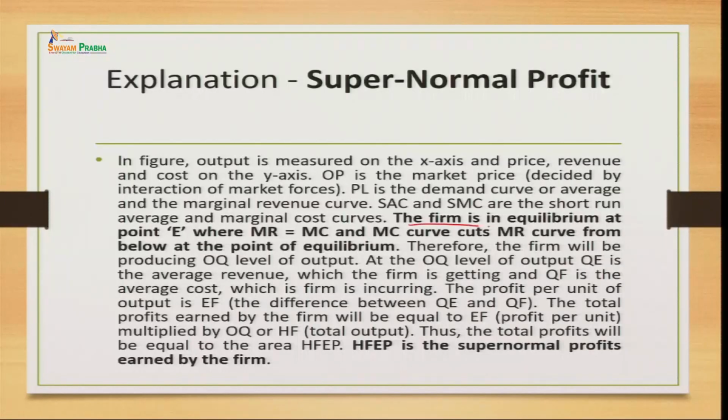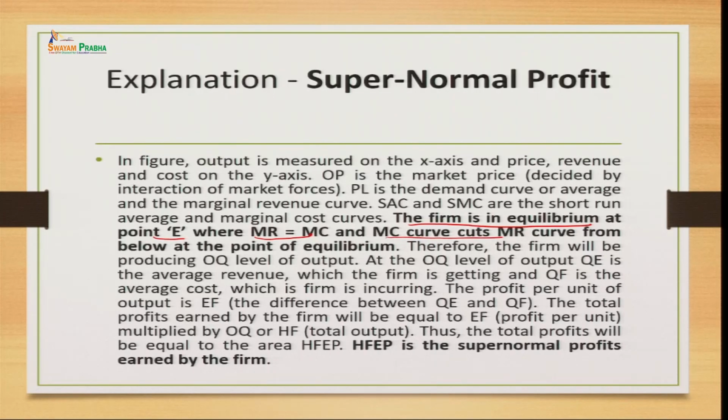So, it is written here, the firm is in equilibrium at the point E where marginal revenue is equal to marginal cost, and the marginal cost curve is cutting the marginal revenue curve from below, right. That point is the equilibrium point which will help you understand how much output a firm should produce under perfect competition in the short run.